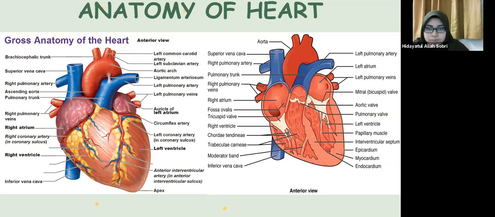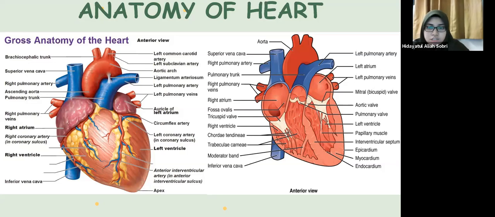As you can see in the picture, the wall of the right atrium is thinner compared to the left atrium, and the space is wider than the left atrium. For the right ventricle, the wall is also thin compared to the left ventricle. The left ventricle wall is 3 times thicker than the right ventricle.